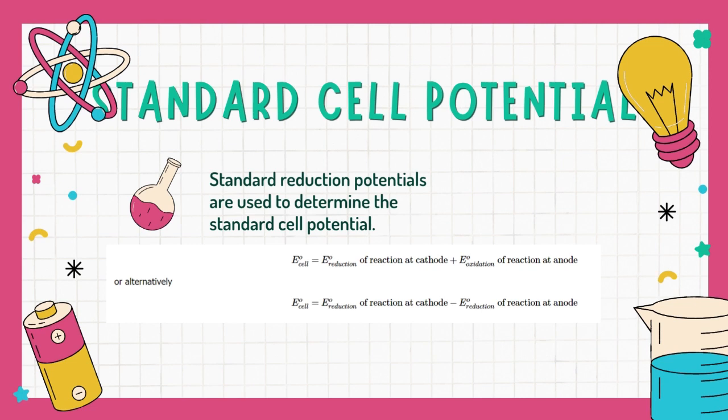Then, the standard reduction potentials are used to determine the standard cell potential. The standard reduction cell potential and the standard oxidation cell potential can be combined to determine the overall cell potentials of a galvanic cell. The equations that relate these three potentials are shown below.